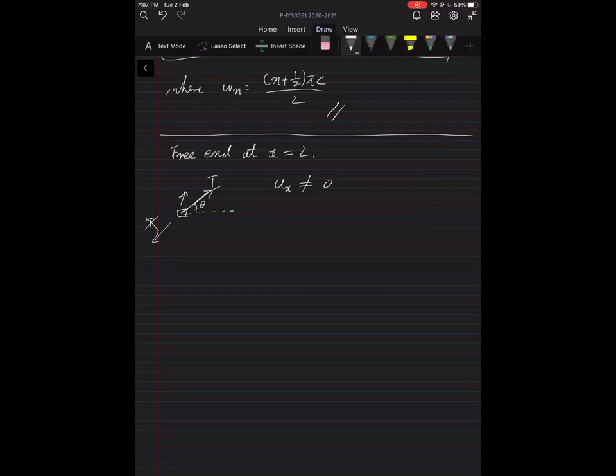But the differential element we consider is a very small element, which means its mass is very close to zero. Then if there is a non-zero force here, it will exert an infinite acceleration on the mass.